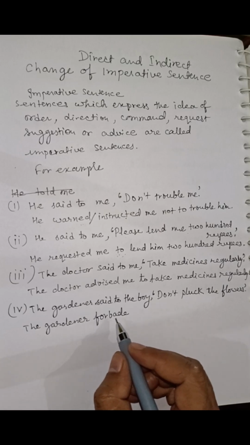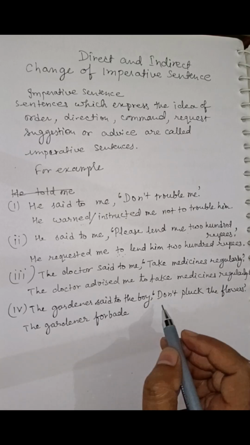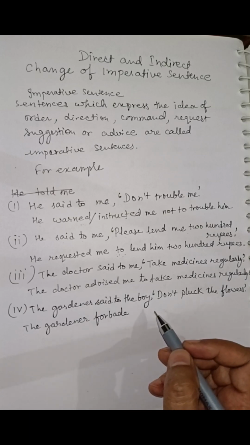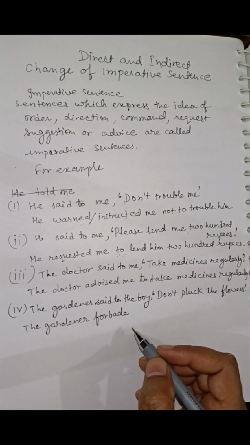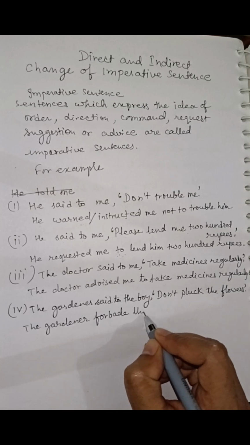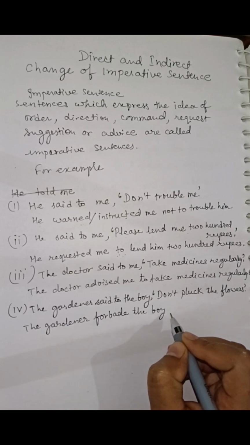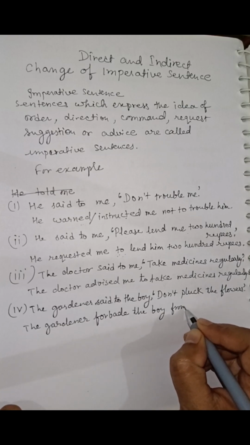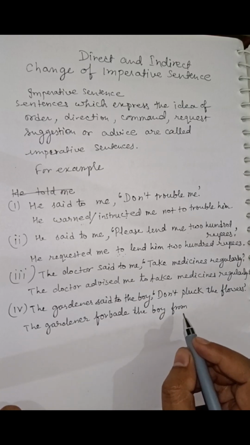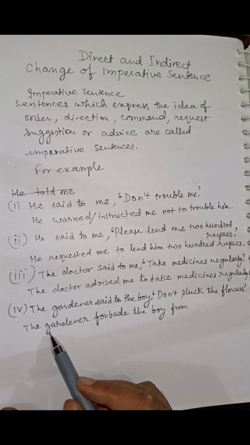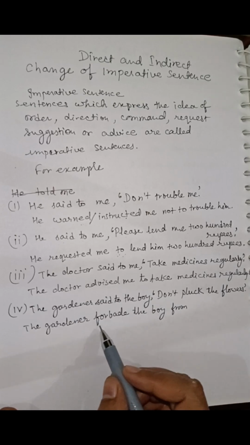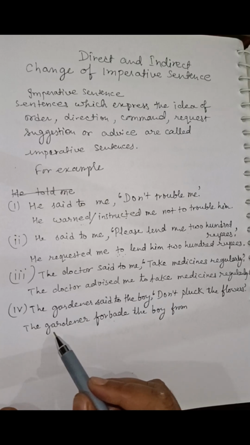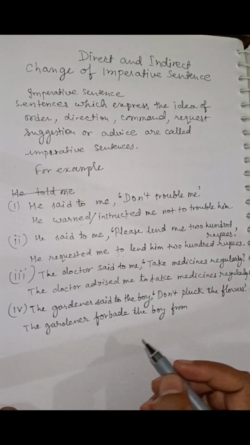Since it's in the past, we have to use the second form of the verb forbid. And in case we are using forbid, then we will not be using not over there, because forbid already includes a negative sense. Forbid the boy from plucking the flowers. Or we can simply write this sentence in another way also.